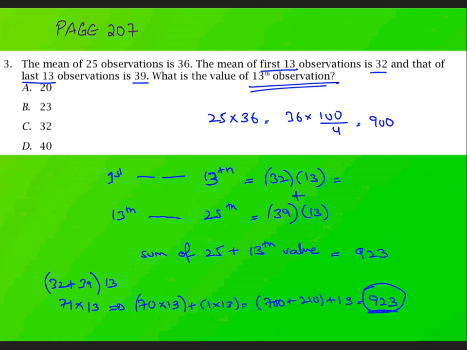So if you see a difference in the two sums, this difference is only because of the value which is counted twice, and that value we know as the 13th observation. So to find the 13th observation, just take the difference, and clearly the difference is 23.